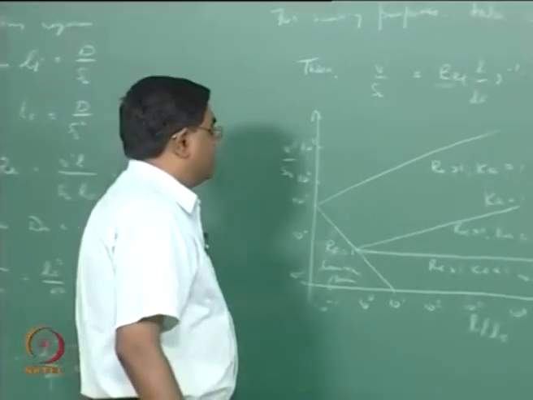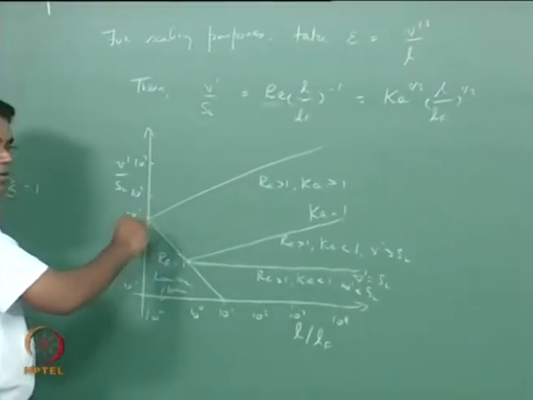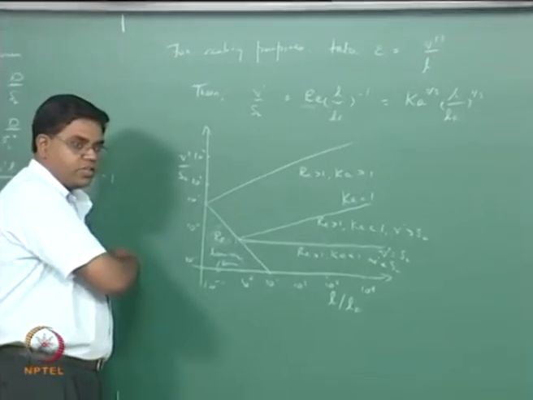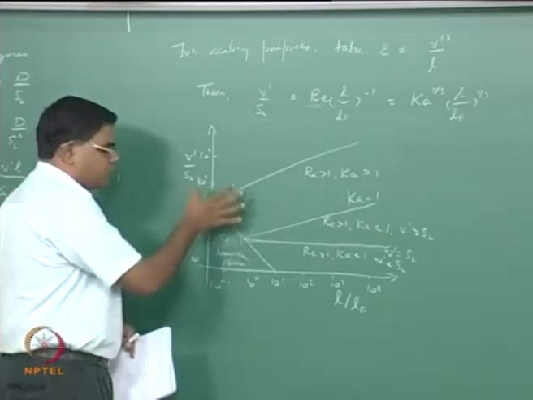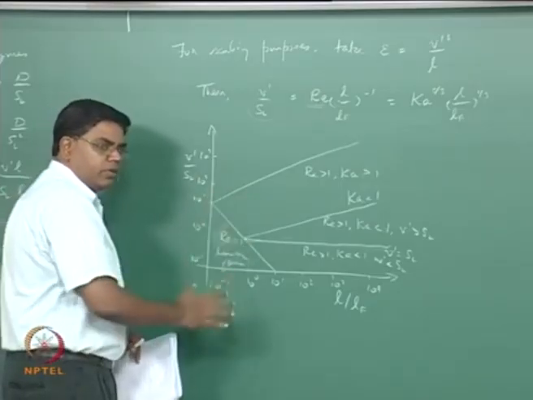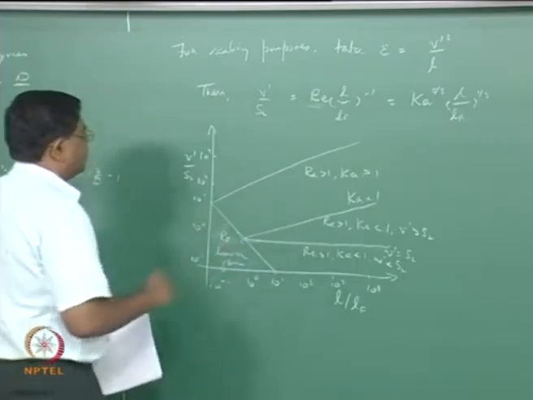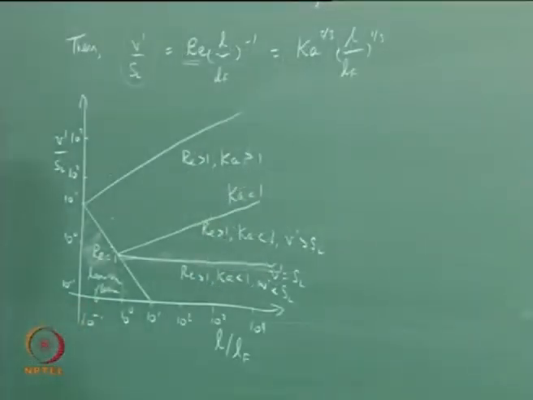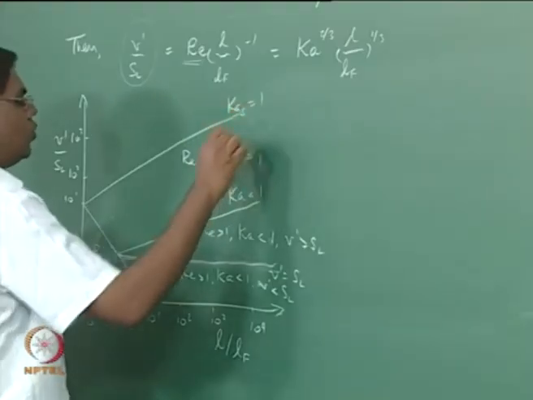Therefore you will have the same slope, but it starts at around 10 because we are looking at a Zeldovich number of 10. These things could be a little bit off this way or that way, but essentially we get the picture like this depending upon the value of your Zeldovich number, and this line corresponds to Ka delta equal to 1.